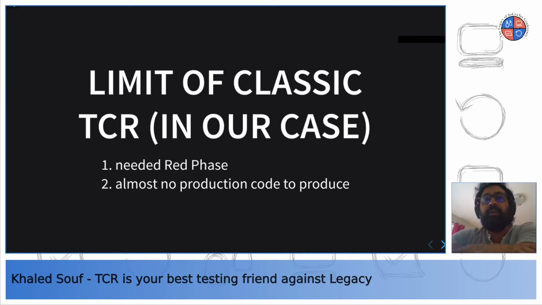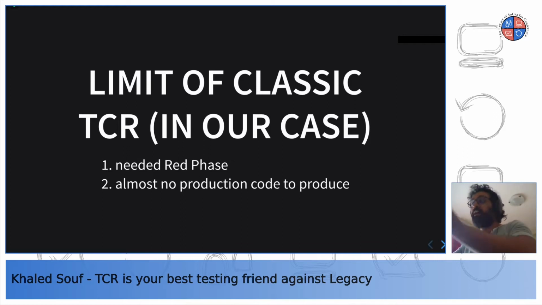So we managed to discover that we actually needed a red phase. Why? Because every time we have a bug, we need to fix that bug. We need to see at some point that when we run a test, it's going to give us the error that we need to fix. Because if we don't have that, we don't know if that piece of code is the one that should be fixed or not.